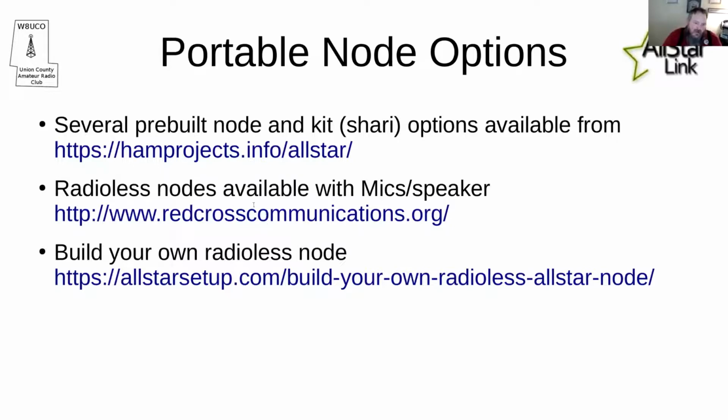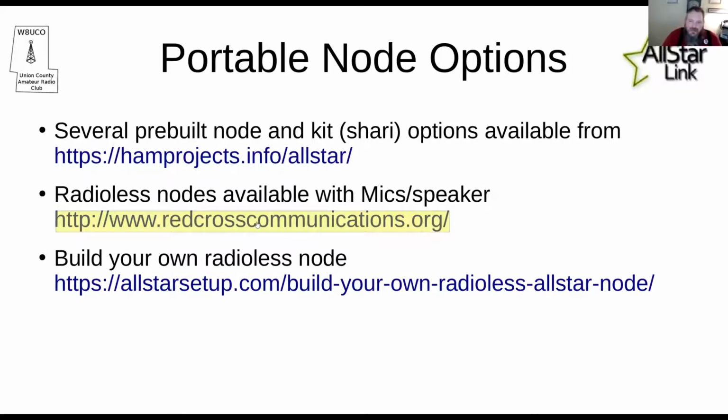They also have RadioLess nodes available. So what this is, this particular one plugs into a Raspberry Pi and has a microphone that plugs into it and looks like a speaker output on it that you can use without hooking it to a radio and be able to connect to Allstar nodes and talk.